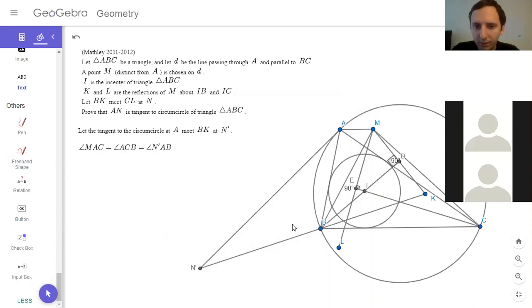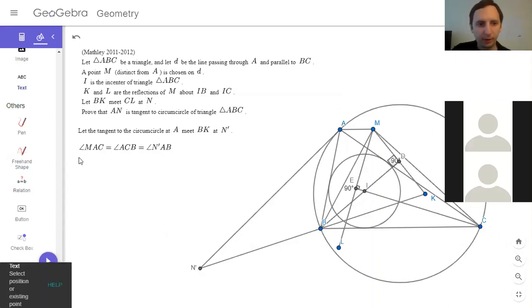Okay, so they make the same angles with respect to angle A, and then we want to show they also make the same angles with respect to angle B.